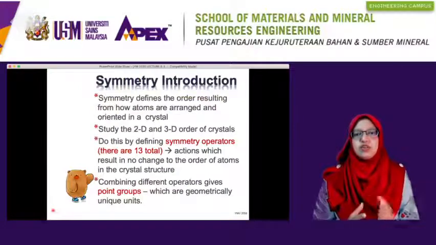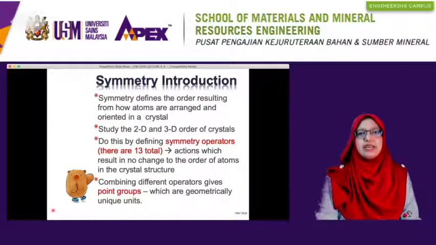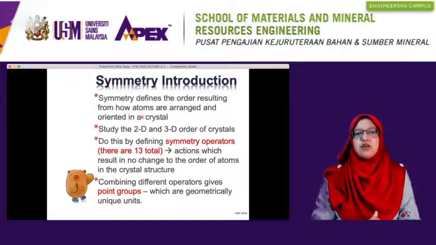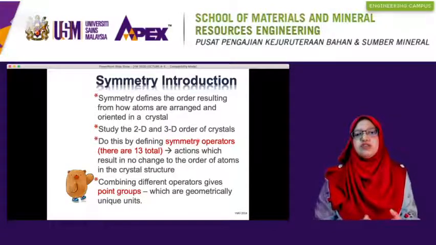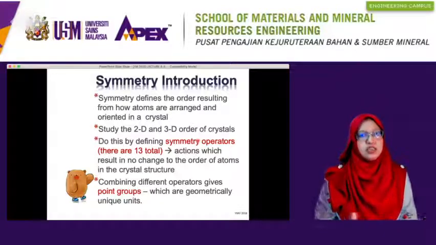Symmetry defines the order resulting from how atoms are arranged and oriented in a crystal. It involves the study of 2D and 3D order of crystals. In total, there are 13 symmetry operators. These are actions which result in no change to the order of atoms in the crystal structure.